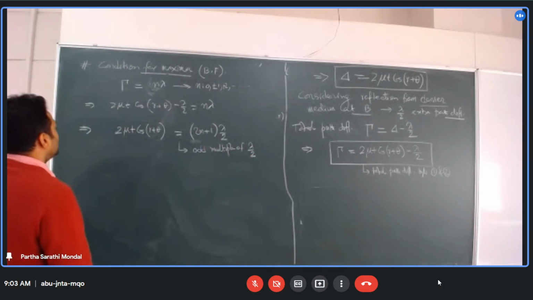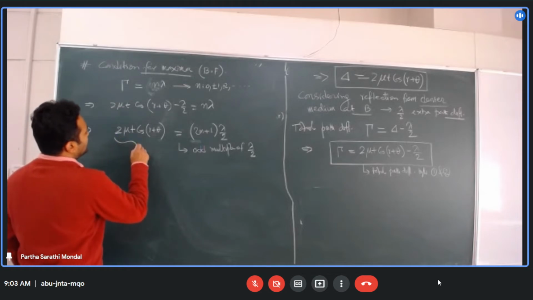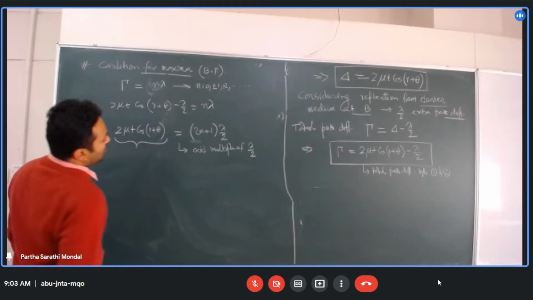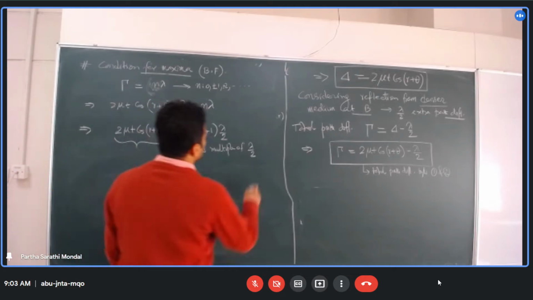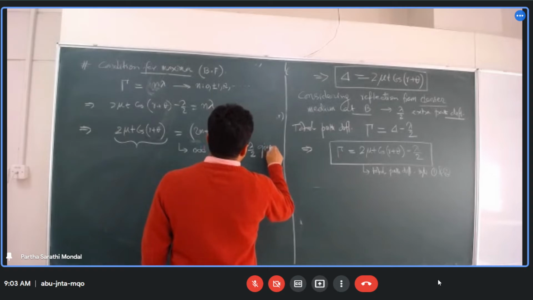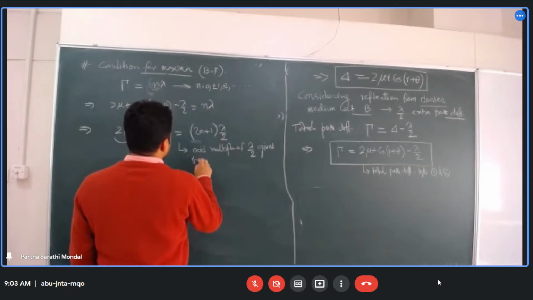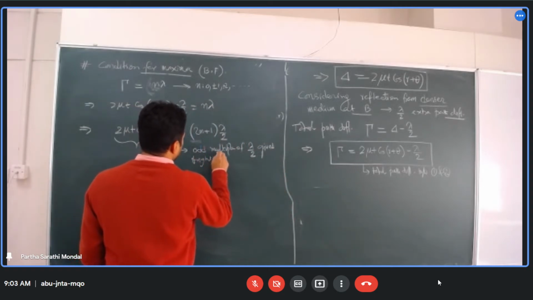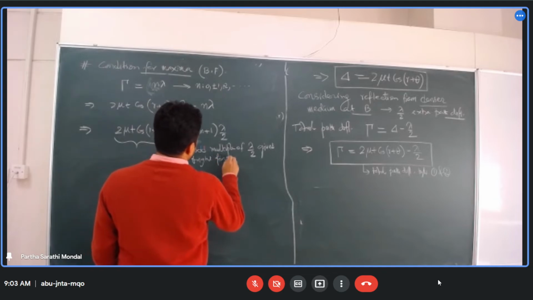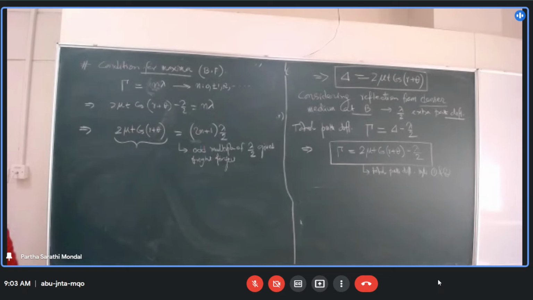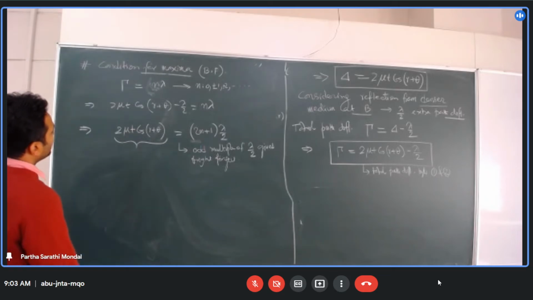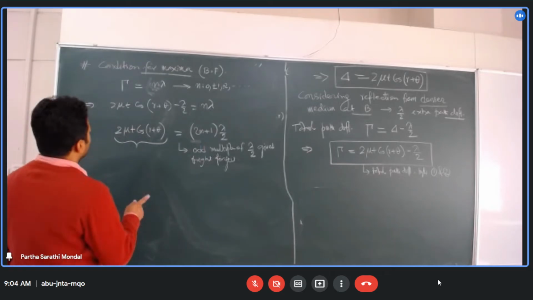If this quantity on the left side becomes an odd multiple of lambda by 2, you will get bright fringes.